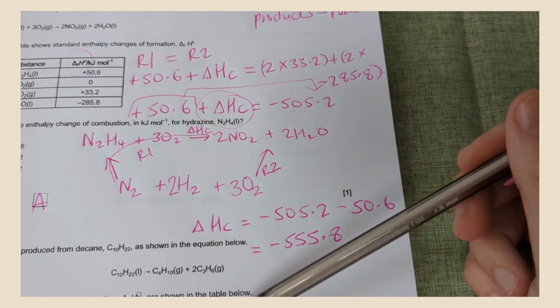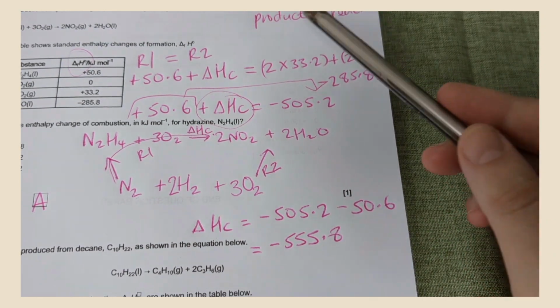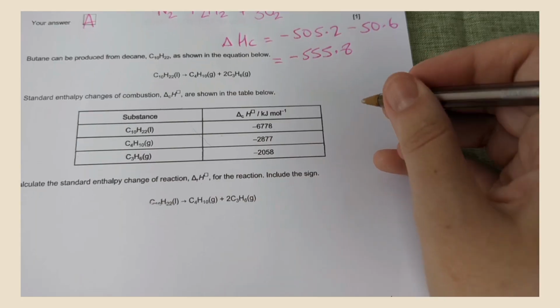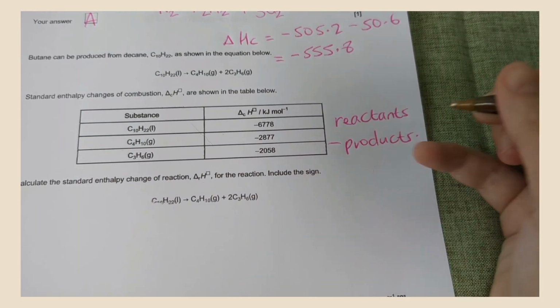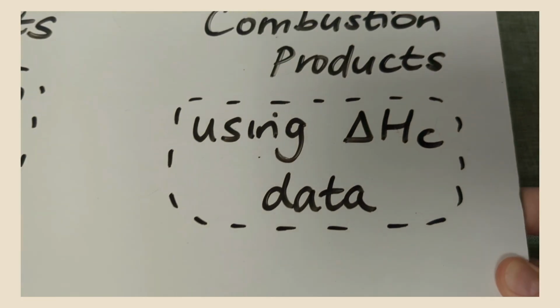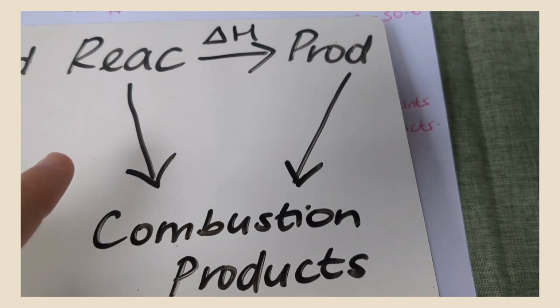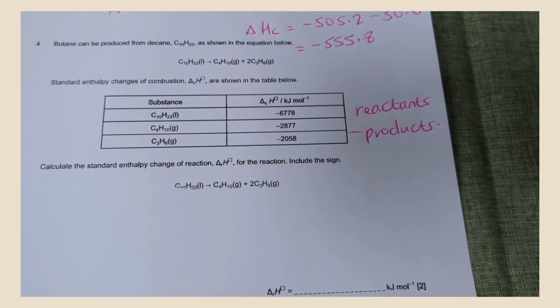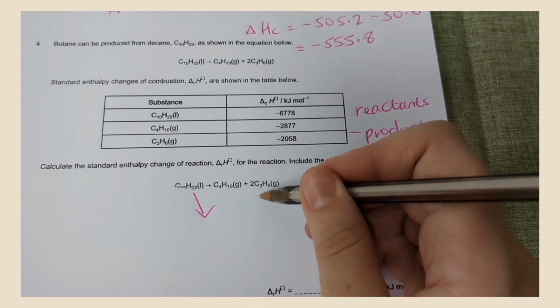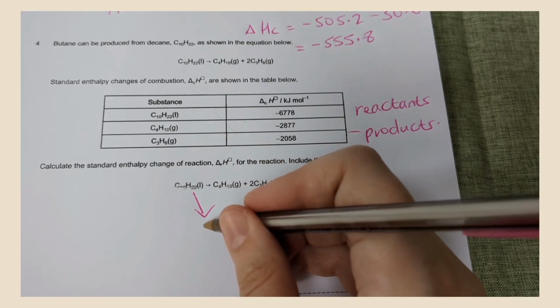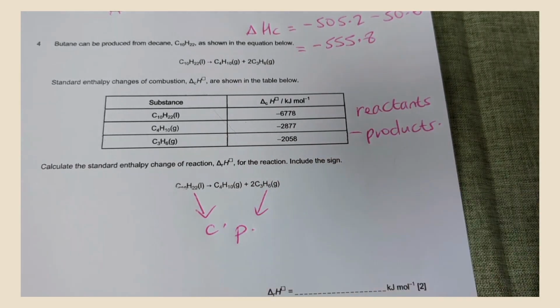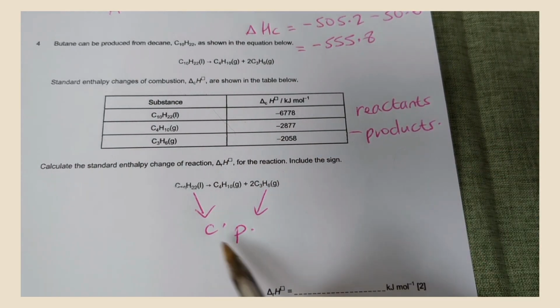So for combustion, this time it would be reactants minus products. So remember, it would be this one this time. I'm feeling lazy. CP for combustion products.